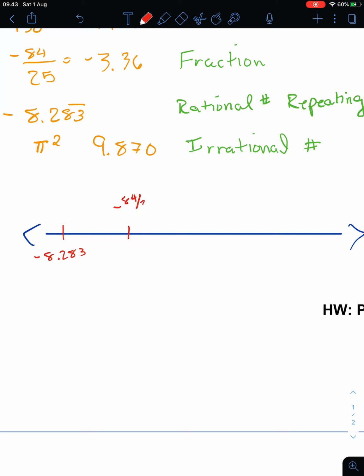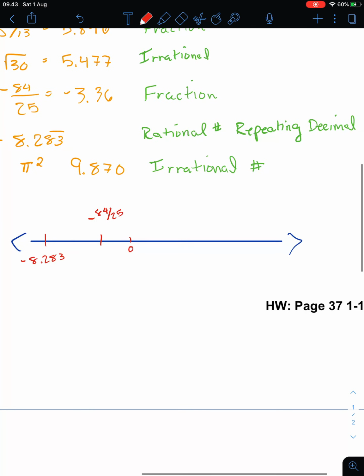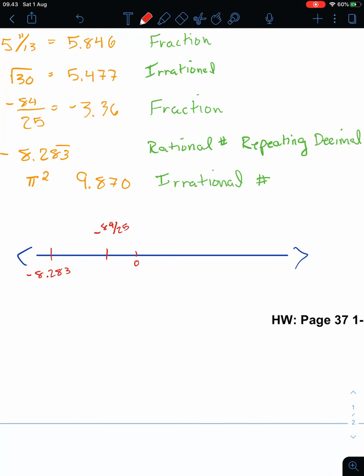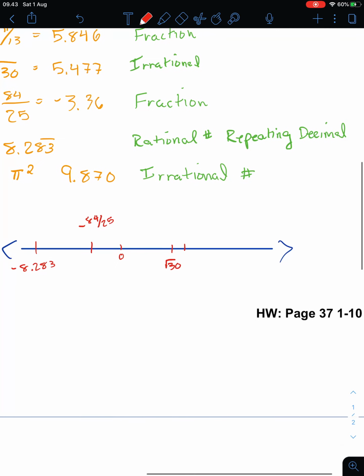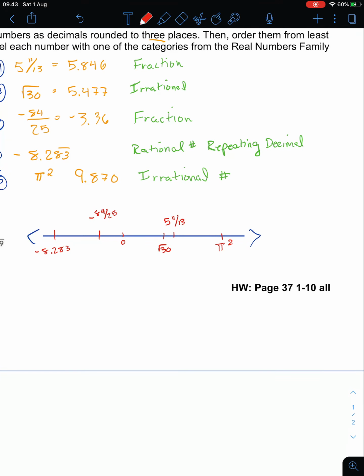All right, and then we're gonna have 0 here. And then the square root of 30 is a little bit more than 5. And looks like 5 and 11/13 is just above that. And then pi squared is kind of out here. It's just over 9.